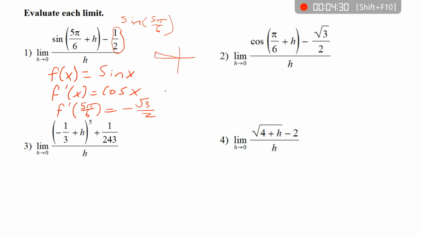Okay, so I'm going to take a look at the next one. Same idea for number 2. If our function is cosine, then this root 3 over 2 should be the same thing as what? What's my x value right now?